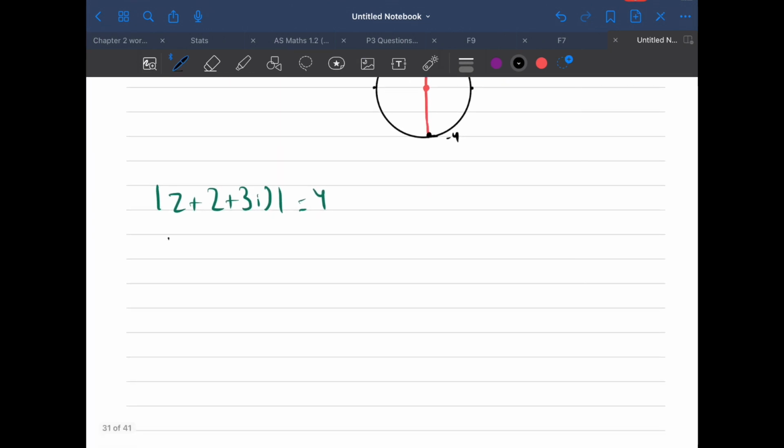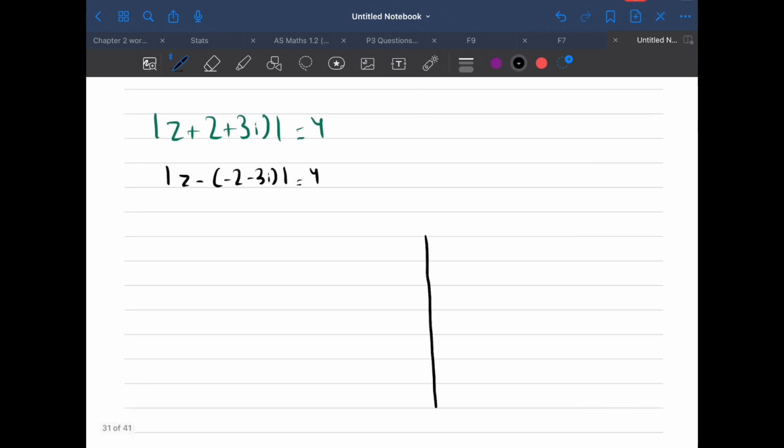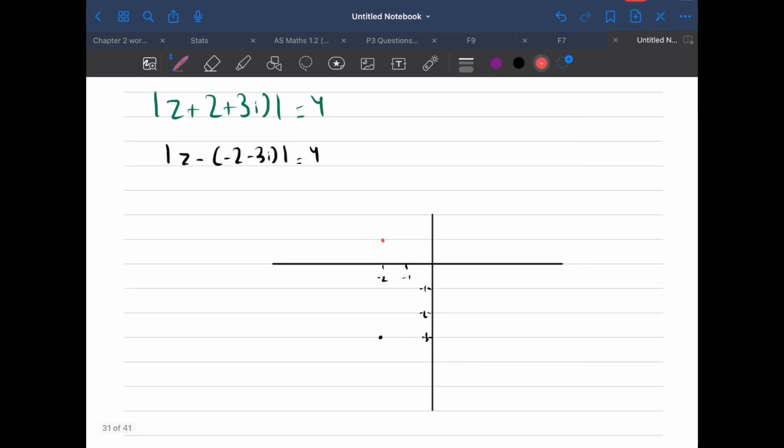So this one. |z minus (minus 2 minus 3i)| is equal to 4. So guys, where will minus 2 minus 3i lie? It's going to lie here: minus 1, minus 2, minus 1, minus 2, minus 3. Now my radius is 4. 4 up, 4 down, 4 on this side and 4 on this side.